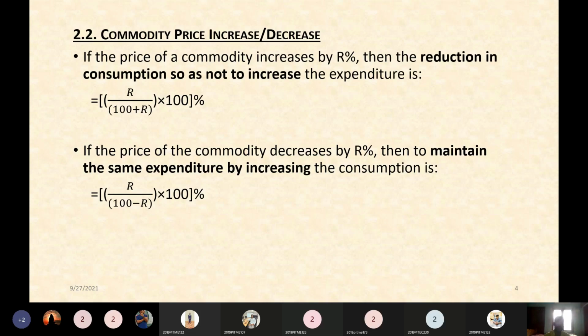R divided by 100 plus R, into 100, will give you the percentage increase of the commodity. If the percentage is reducing, use the similar formula, R divided by 100 minus R, into 100, which will give you the percentage decrease in consumption. All that you can calculate using the second one.